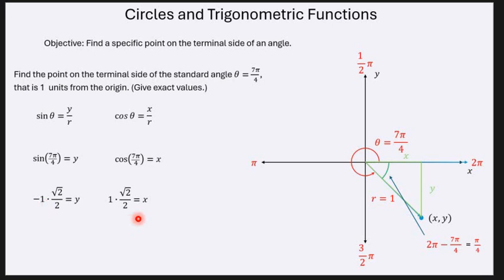The cosine of a 45-degree angle is also the square root of 2 over 2, and that one should be positive. So my x and y values are square root of 2 over 2 and negative square root of 2 over 2. That gives me the point on the terminal side of the angle 7 pi over 4 that is 1 unit away from the origin. This point would actually be on the unit circle because of the description.